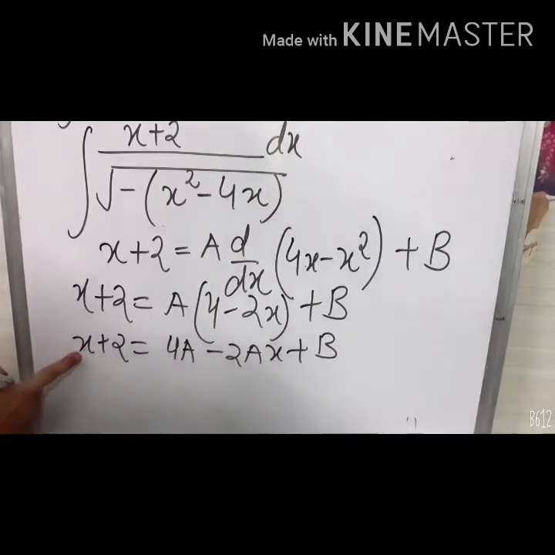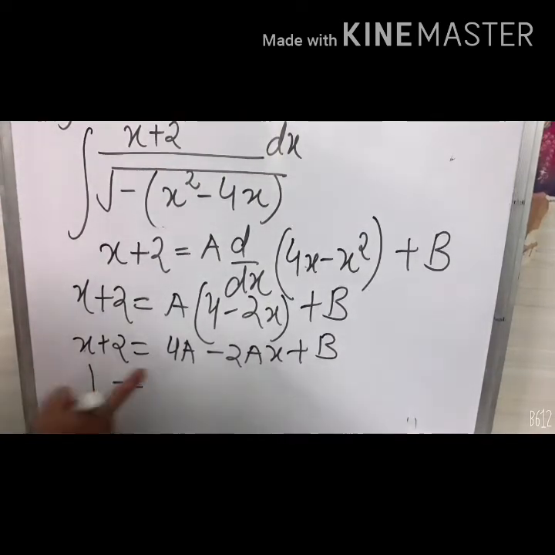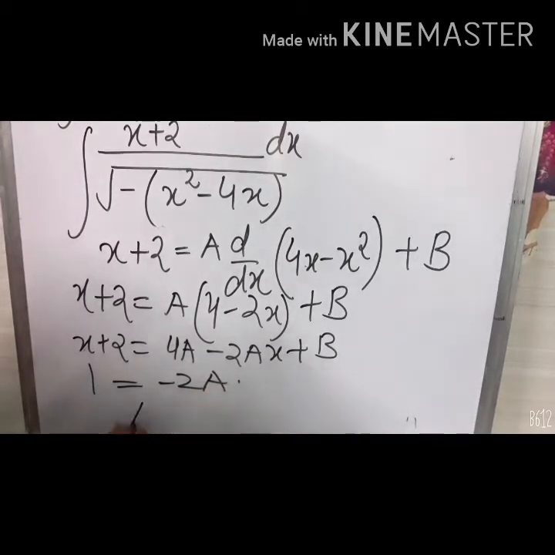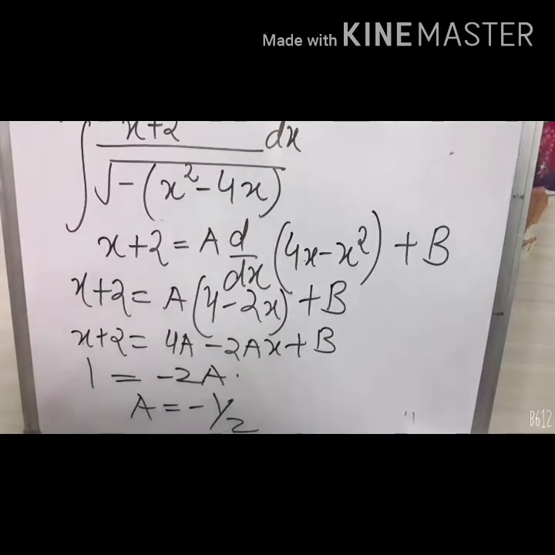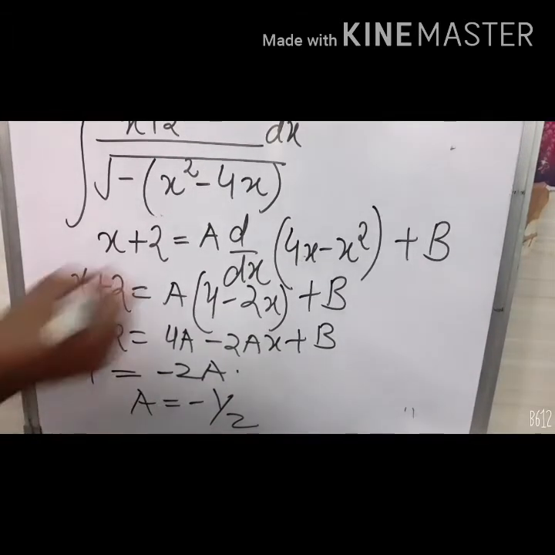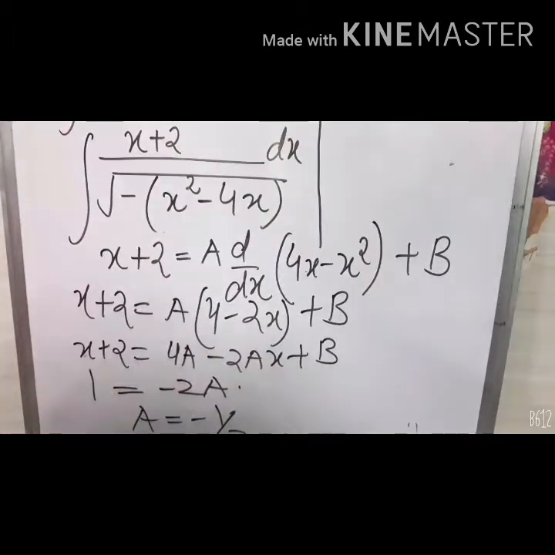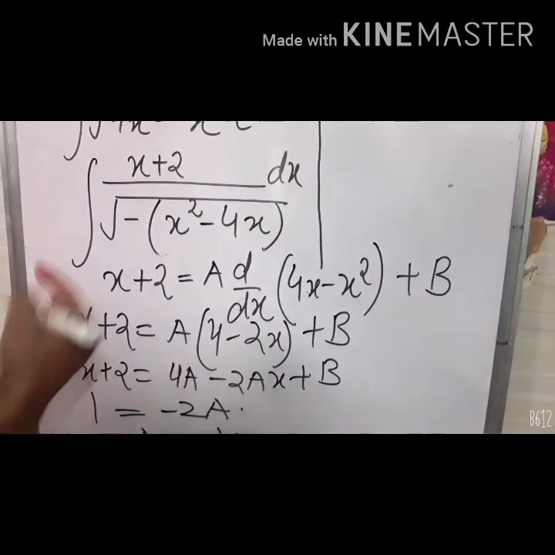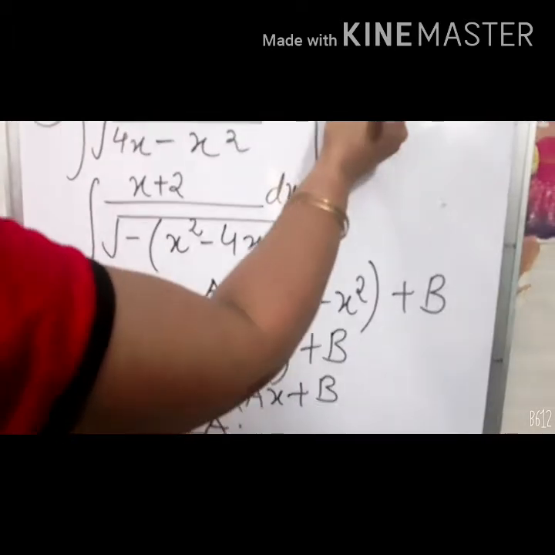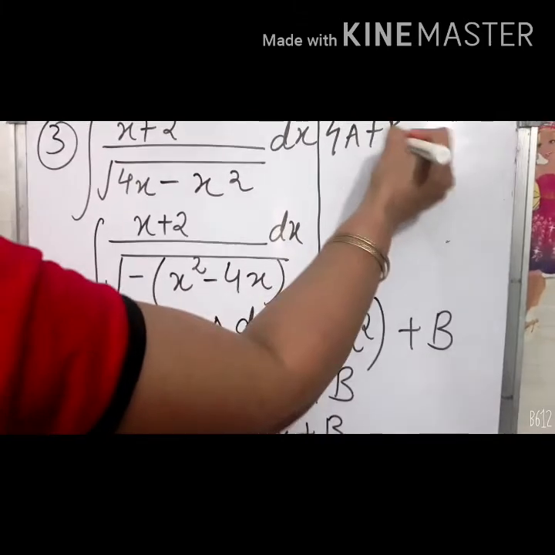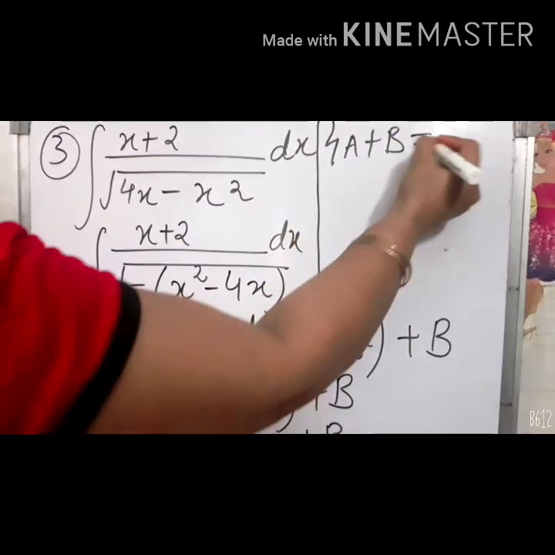What is the coefficient of x on the left side? 1. What is on the right side? Minus 2a. That means you got the value of a as minus 1 by 2. Again, if I compare the constant value, it becomes 4a plus b is equal to 2.